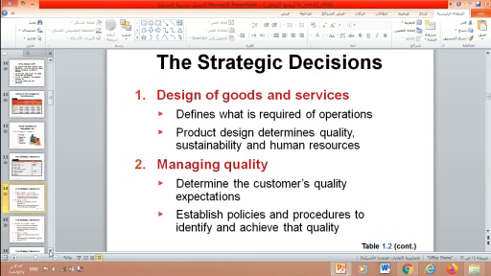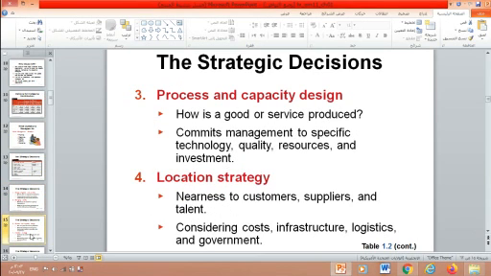Okay, the third strategic decision is process and capacity design. How is a good or service produced? Because we are talking about the process, how can we convert the raw materials into output, whether goods or services?